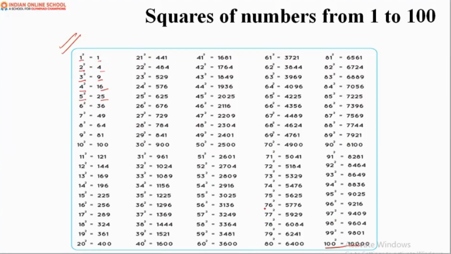Now I'm giving you 10 seconds to observe one pattern. You need to figure out one pattern over here. Just go with the square numbers and the numbers you are getting after squaring. I'm giving you 10 seconds, just tell me what is the pattern over here. Which pattern you can notice?